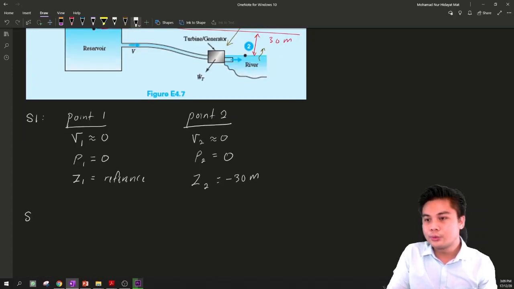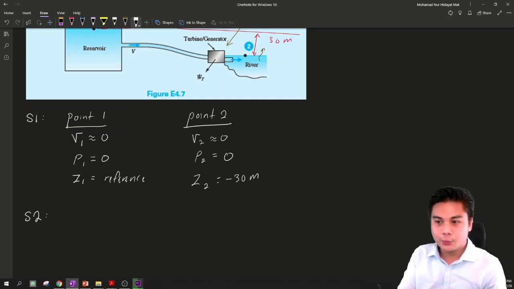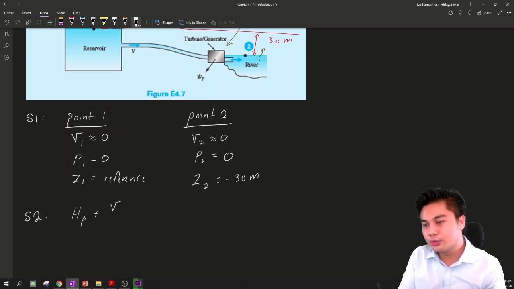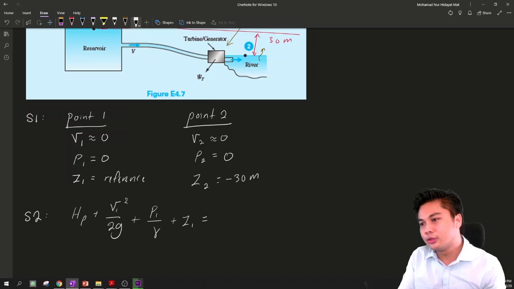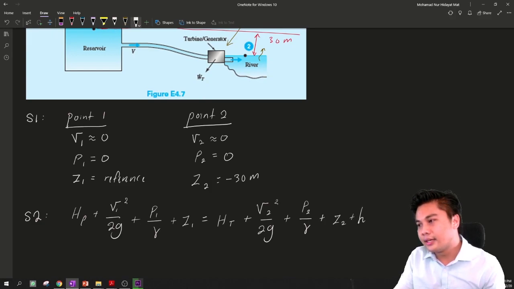Step number 2 is we need to write the energy equation, which is head of pump plus the velocity head due to kinetic energy, plus the head due to pressure and the head due to elevation, equal to head of the turbine plus V2 squared over 2g plus P2 over gamma plus Z2, and lastly plus head loss.